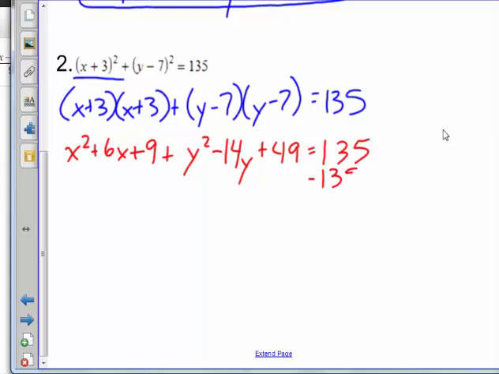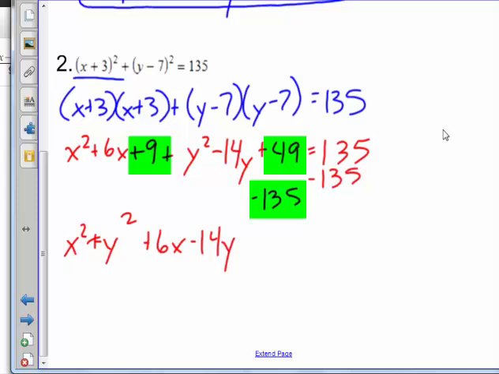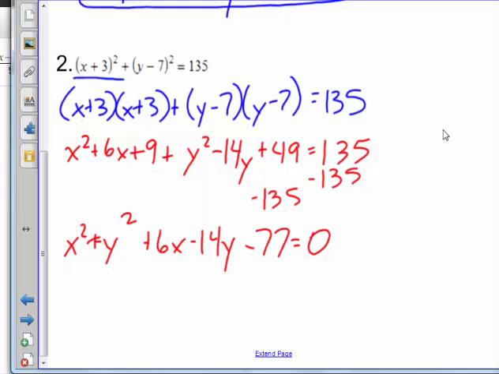Subtract this, set it equal to 0, so we will get x squared plus y squared, because we're putting it in the order of that general form, plus 6x minus 14y, and then you have 9 plus 49 minus 135 equals 0. And we are done. Good point. The center will be, you said negative 3, positive 7? Absolutely. That is your h. This should be x minus, so it's kind of x minus minus 3 and y minus 7.